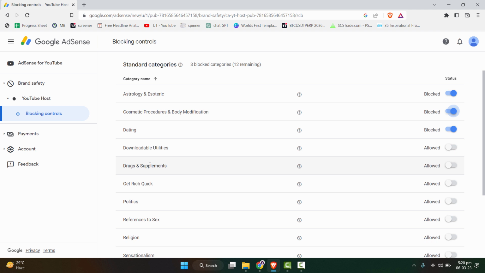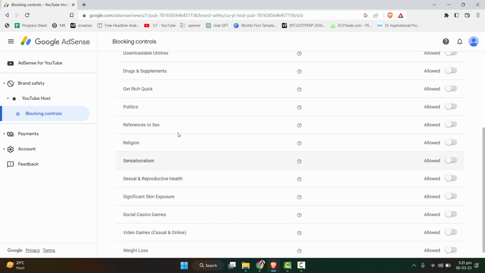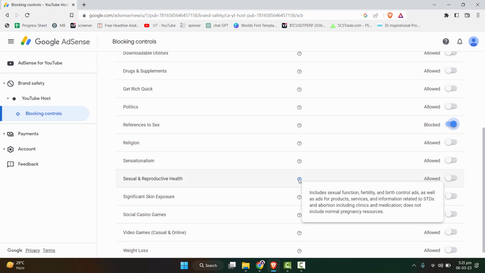Downloadable utilities is allowed. Drugs and supplements, basically these are medicines, not that kind of drugs, so this is allowed, no problem with that. Get rich quick, that's okay. Politics, okay. Now for example, here this is a problem, so I'll block this. Further, for example, this is not a problem, this is not a problem, and you can check the category of this area.